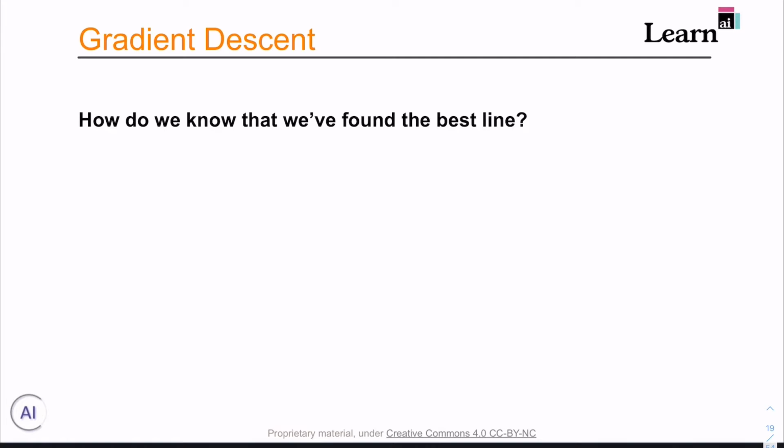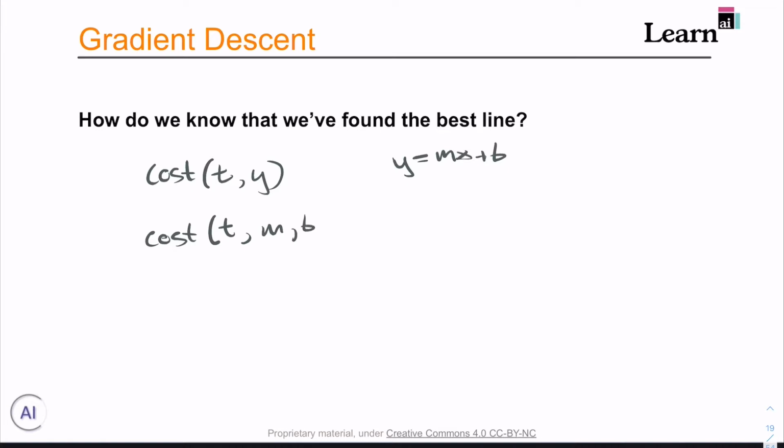Well, we have this cost measure, and cost takes in, let's think about this for a second, t. It also takes in y, and y is defined as mx plus b. So really, we could rewrite this as cost takes in t, m, and b.